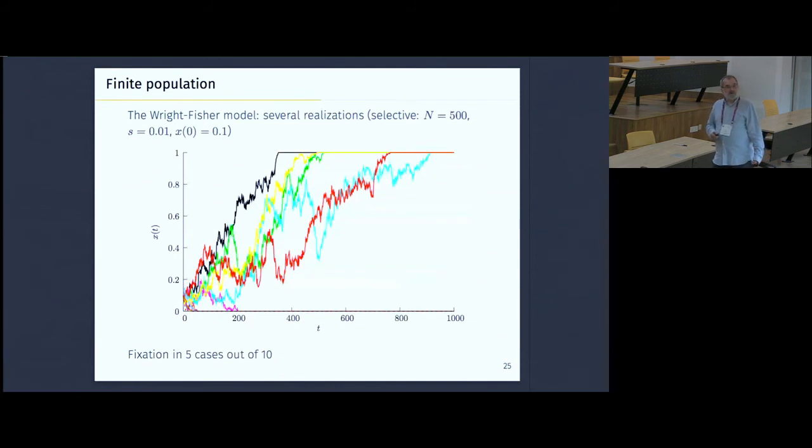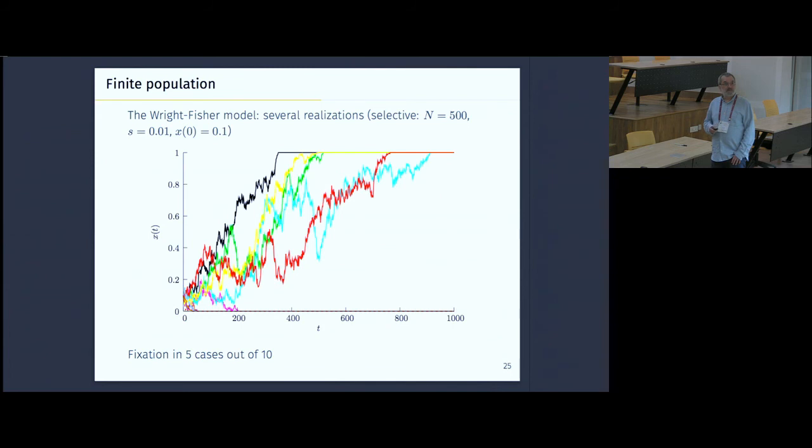Now, here I just wanted to emphasize one thing: the fixation is not deterministic. So here I changed the data a little bit in order to have an illustrative example. We have only 500 individuals, and the fitness advantage is only 1%.